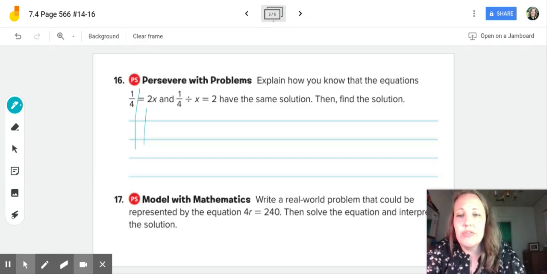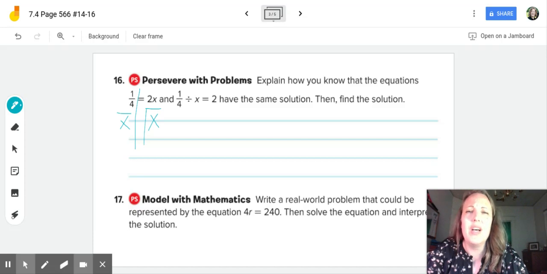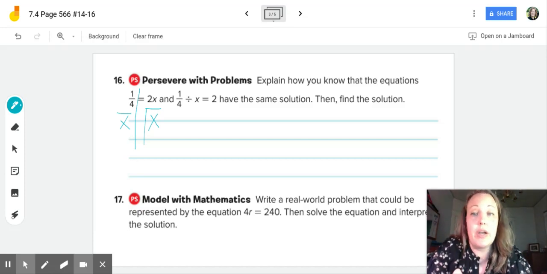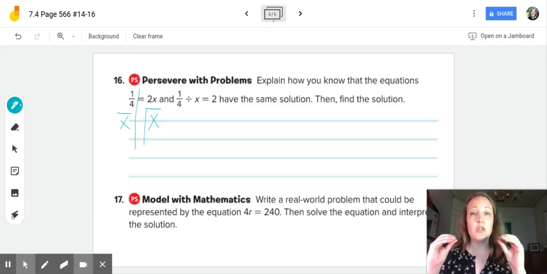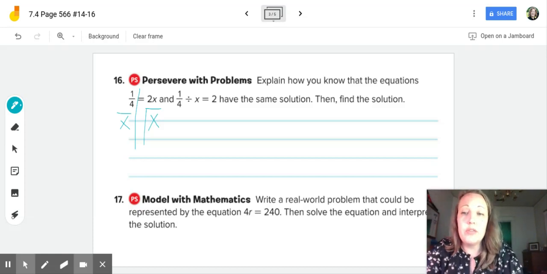But what if, instead of doing that, I divided by x? Okay, I divided by x on both sides. What? We haven't done that before, but let's see what happens. As long as I perform the same operation on both sides, then my equation remains equal. Okay, so I'm keeping that equality. 1/4 divided by x, that's right here, right, is equal to 2.